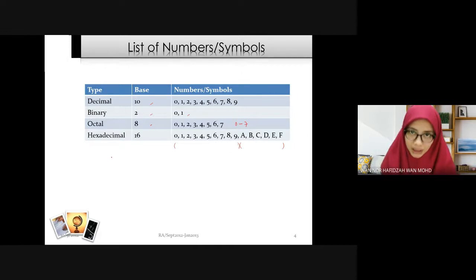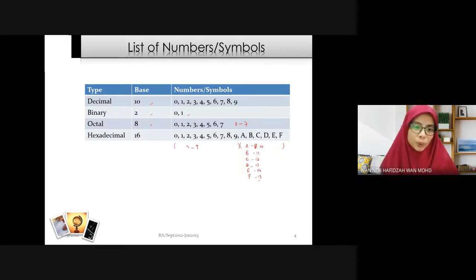And for hexadecimal, base 16, from 0 to 9 and A to F. So A represents 10: A, B, C, D, E, F is actually 10, 11, 12, 13, 14, 15.